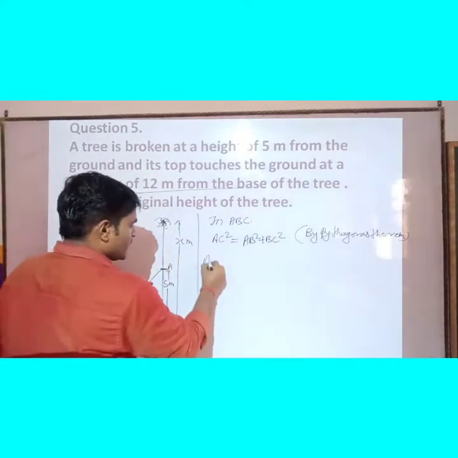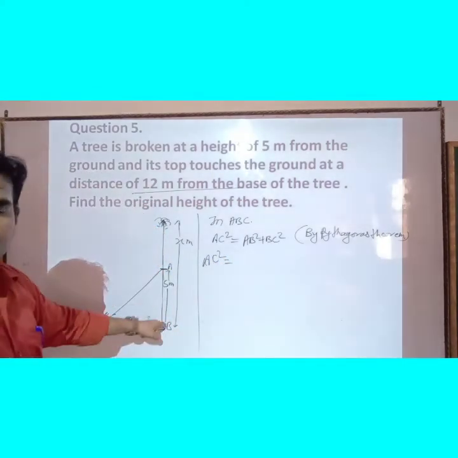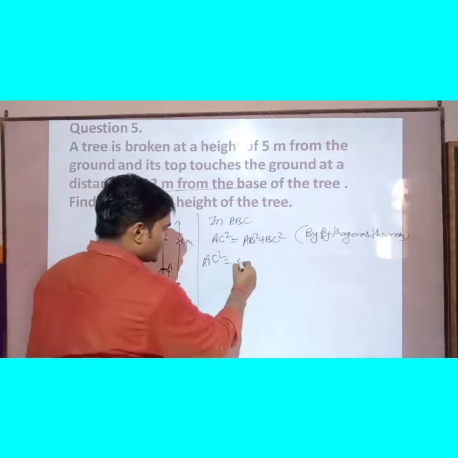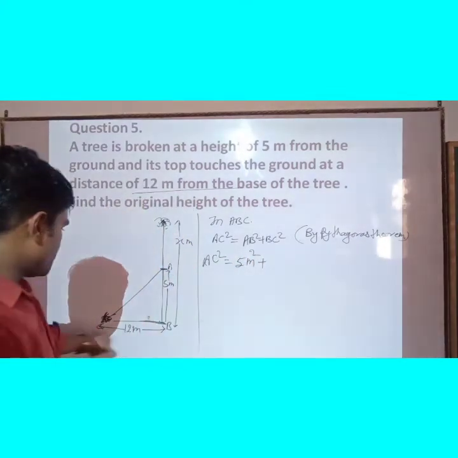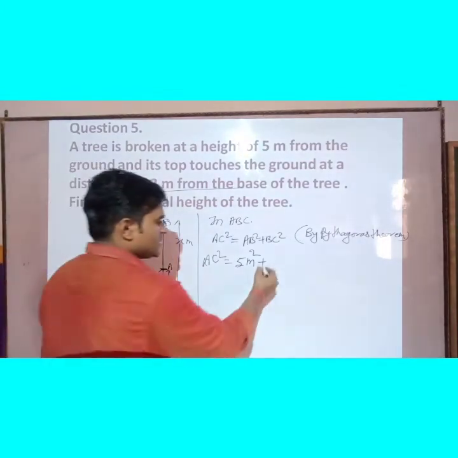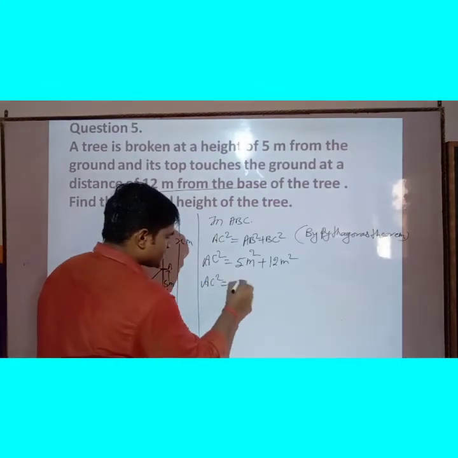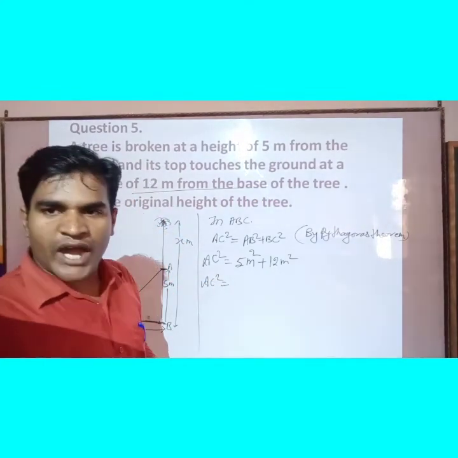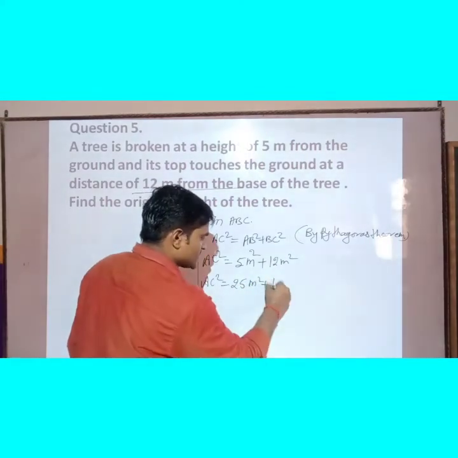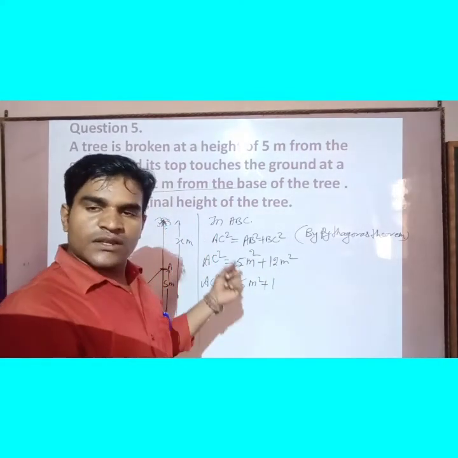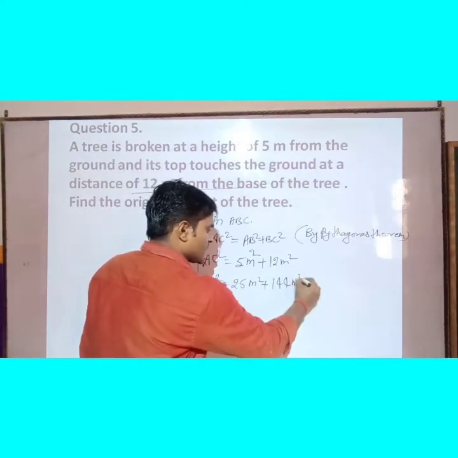So AC square is equal to AB square plus BC square. AB is 5 meter, so we write 5 meter square, plus BC, which is given as 12 meter, so square of 12 meter. So the square of AC is equal to 25 meter square plus 144 meter square.